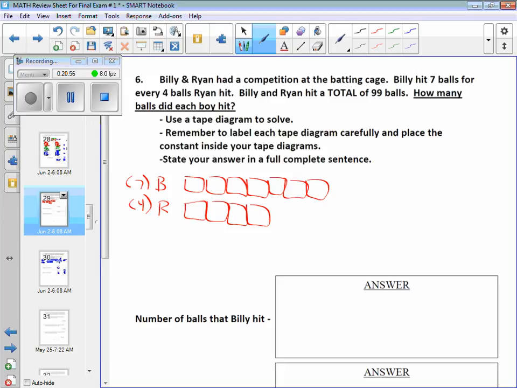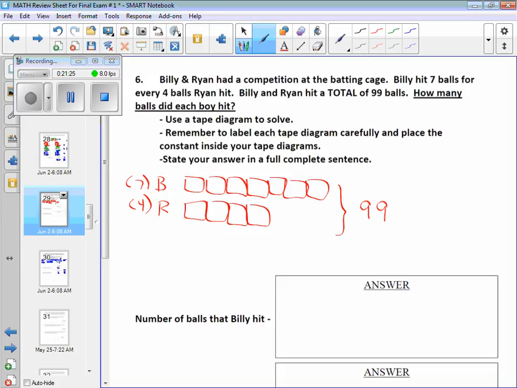There was what was called a total question and a difference question. Like if they told you the difference between them was 55. This is a total question. What's the total amount of baseballs that they hit? 99. That's telling you that all of these boxes have to add up to 99.